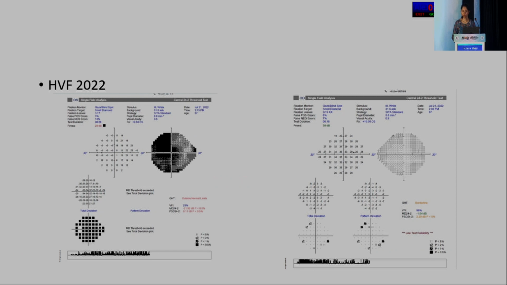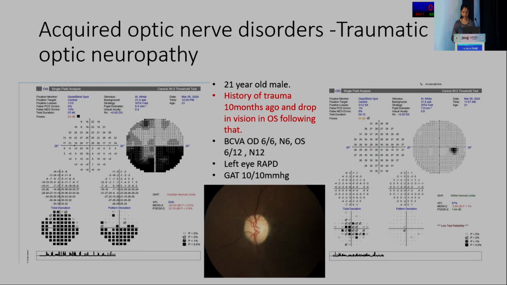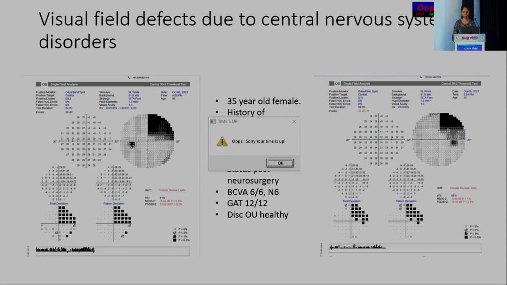Visual field defects show constricted fields. MRI showed a left orbital apical meningioma causing compressive optic neuropathy. This is a visual field test of a 21-year-old with a history of trauma showing inferior defects secondary to traumatic optic neuropathy.